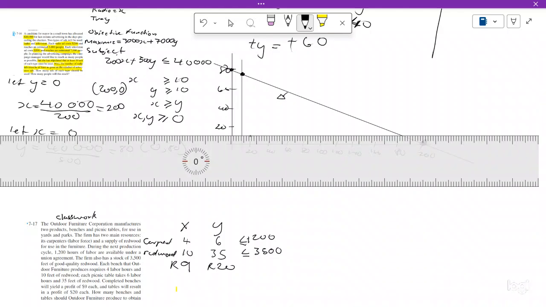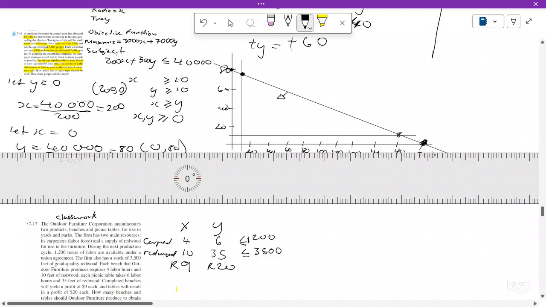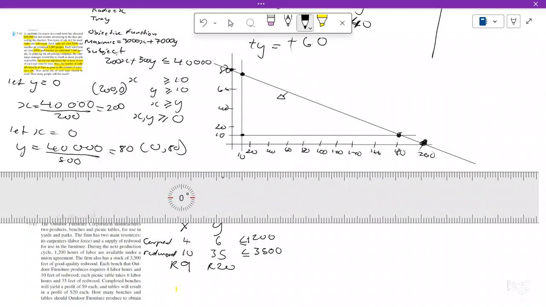There's a point there that we are looking for. And there is a point here, 10, 10. You see that? You have 10, 10. Maybe this is A, this is B, this is C.